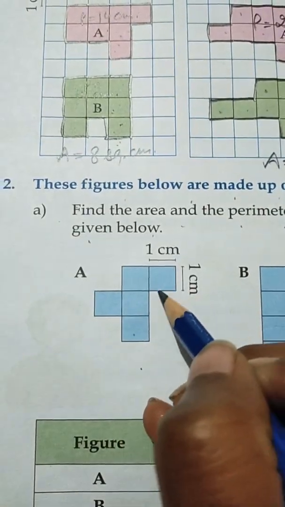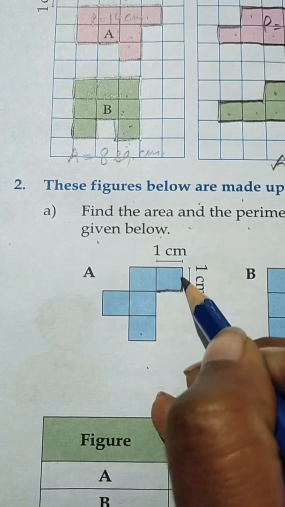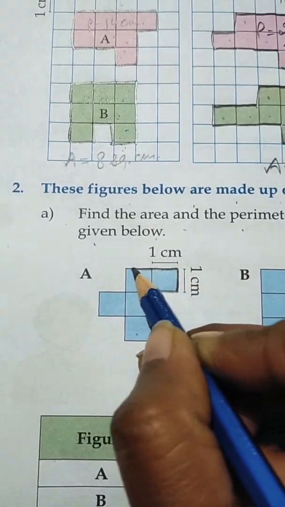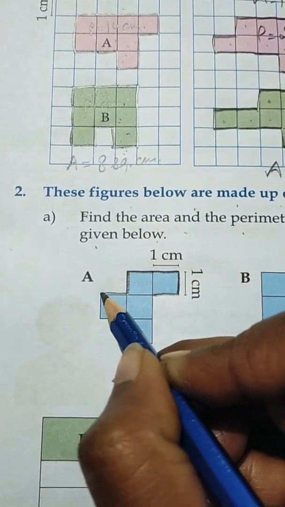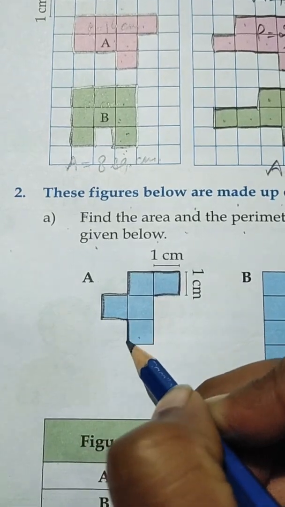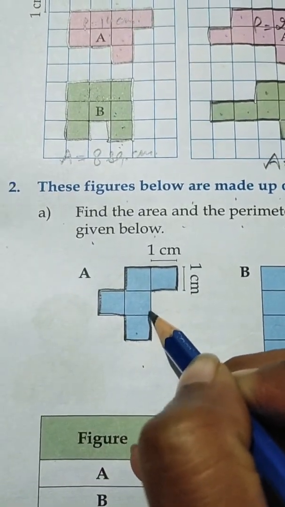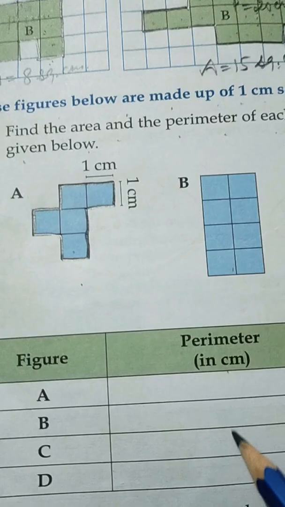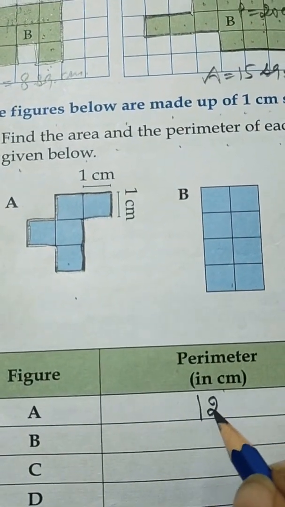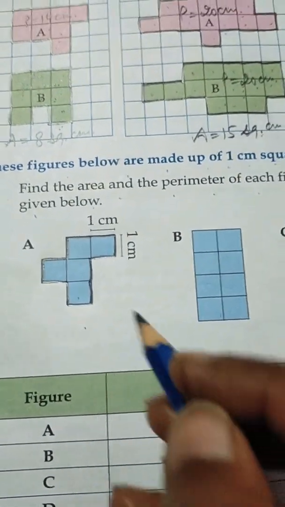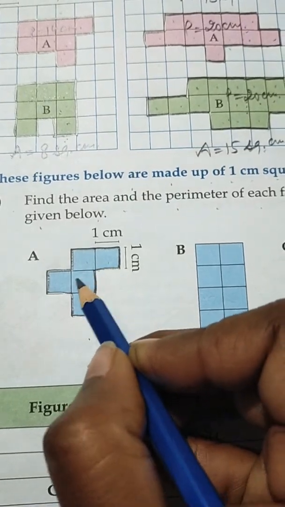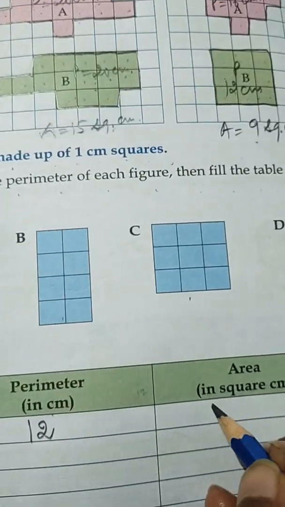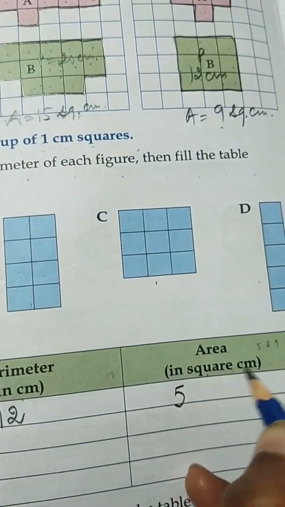Now perimeter 1 2 3 4 5 6 7 8 9 10 11 12. The perimeter of figure A is 12 centimeter and the area 1 2 3 4 5. Area is 5 square centimeters.